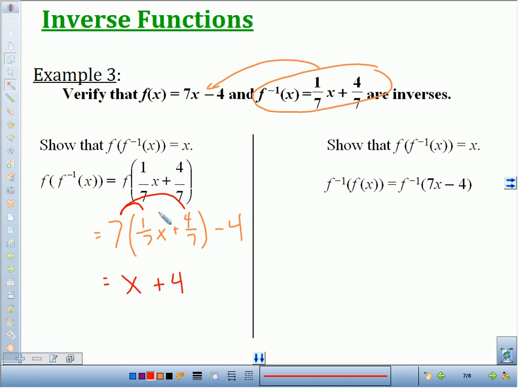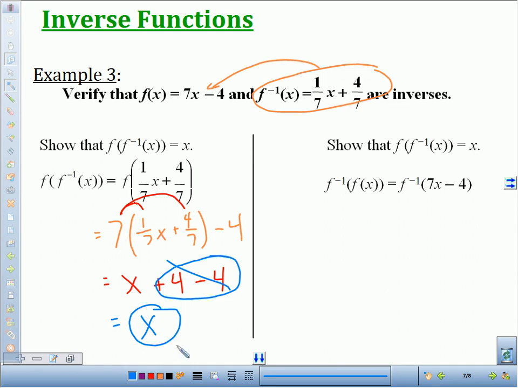Right? 7 times 4 is 28. 28 divided by 7 is 4. And that's minus 4. Now you can already see, or at least I hope you can already see, that we have 4 minus 4 here. 4 minus 4 cancels out, and we're left with x. Like I said, we plug one function into the other function, we should get x.